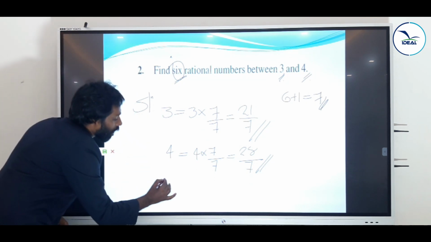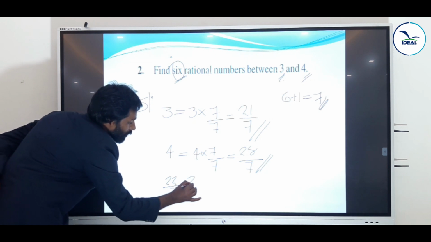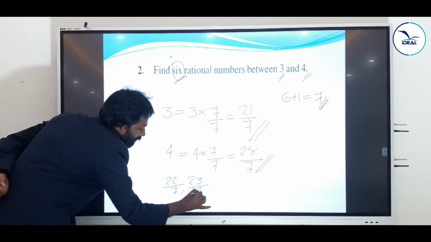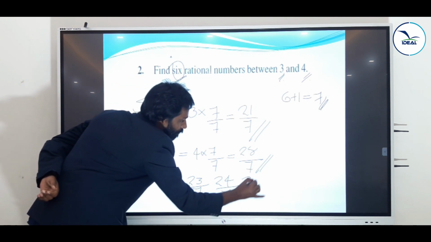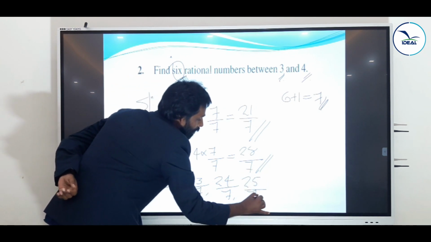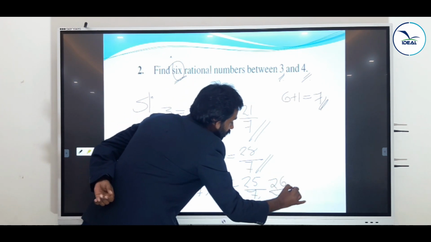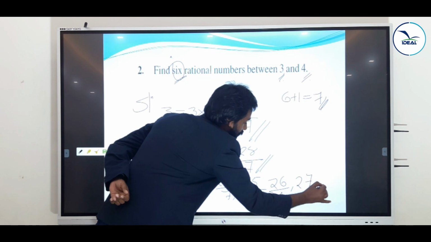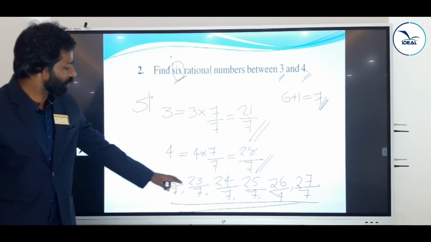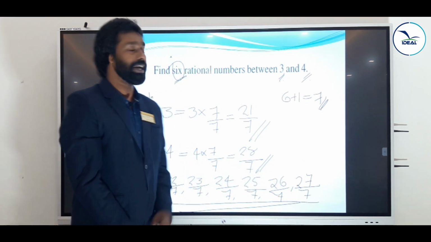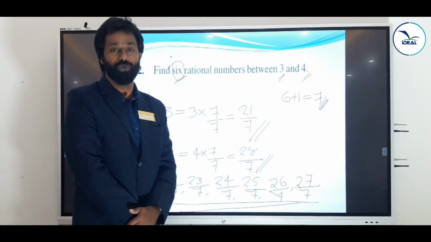The numbers are 22 by 7, 23 by 7, 24 by 7, 25 by 7, 26 by 7, 27 by 7. So here are the 6 numbers: 1, 2, 3, 4, 5, 6. Here are 6 rational numbers between 3 and 4.